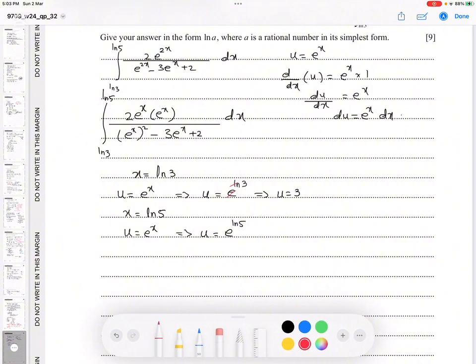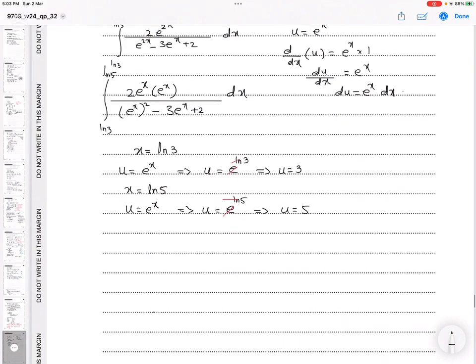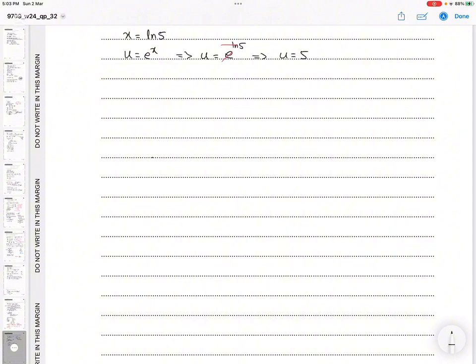Again, ln and e will cancel each other out, and I can write u is equal to 5. My new limits are now integral 3 to 5, 2u over u square minus 3u plus 2 du.